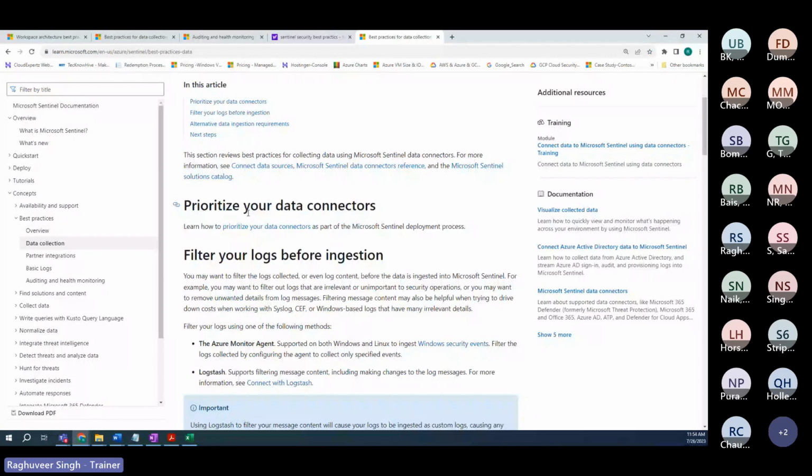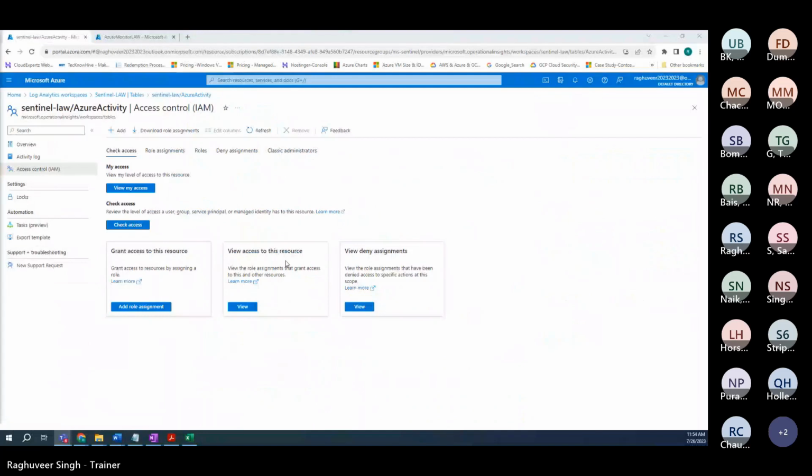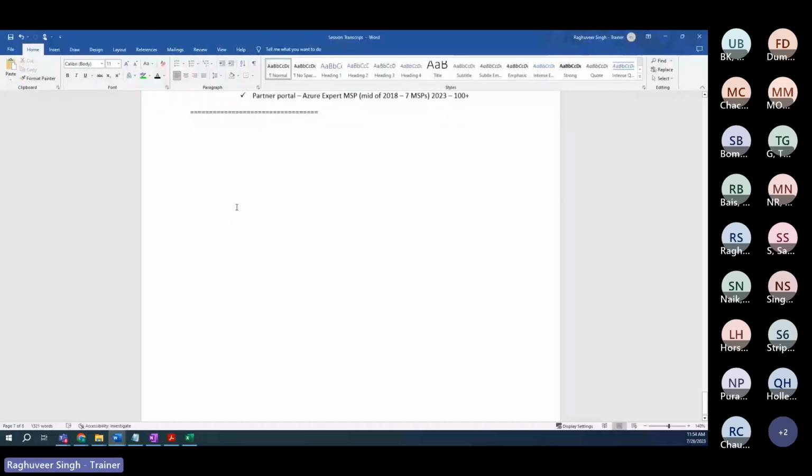Second, you will need to identify what you want to connect. So when it comes to data collection best practices, first you need to identify what all data sources are important from a security monitoring perspective. That's the first thing.